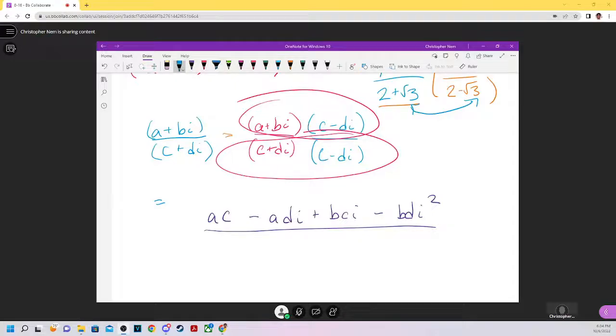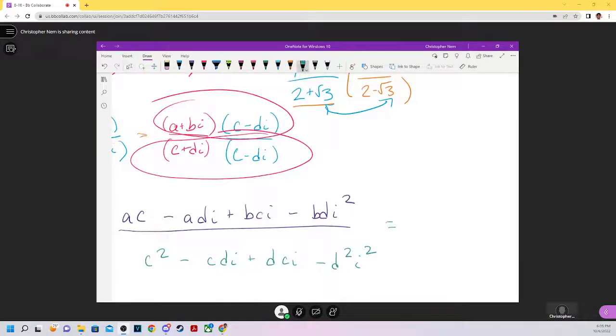If I distribute my denominator, I get c squared minus cdi plus cdi. Let me rearrange it so you aren't confused: dci. I put the i at the very end. I just organized that. And then minus d squared i squared.